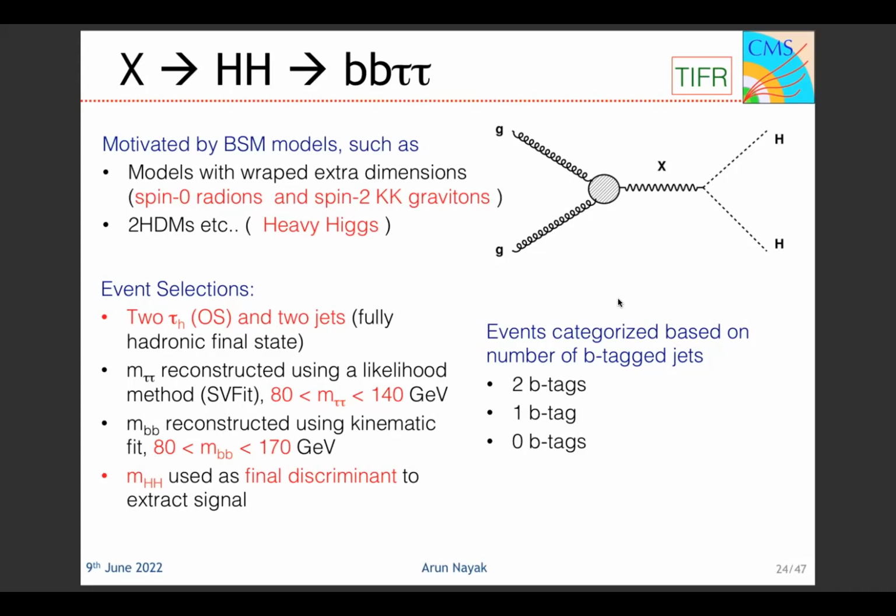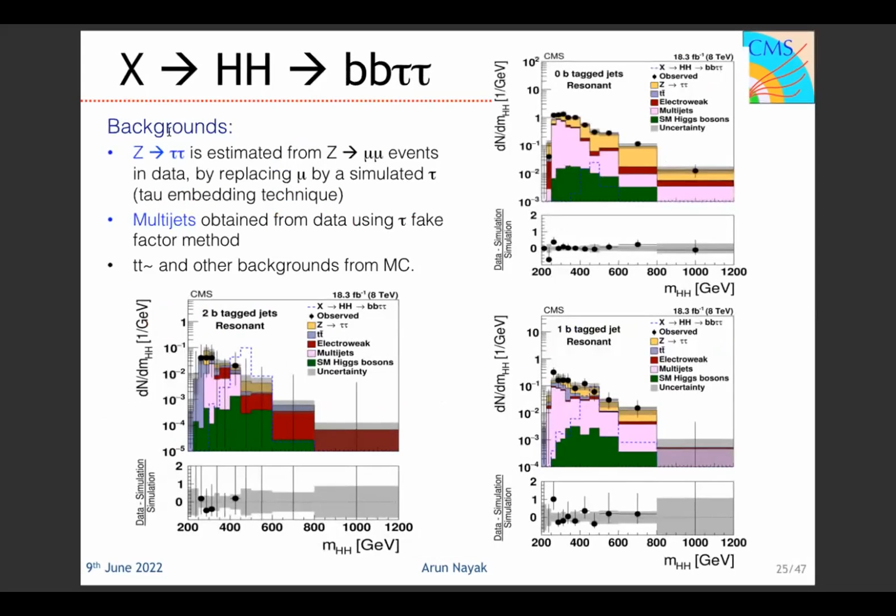In this case, the events are categorized to enhance the signal over background using the number of b-jets in the event. So you have 0 b-tag, 1 b-tag, and 2 b-tag categories to enhance the signal. The major backgrounds are Z to tau tau, which are estimated similarly to what I discussed earlier, the multi-jet backgrounds, which are estimated using the tau fake-rate method, and the ttbar backgrounds, which can be modeled from the Monte Carlo.